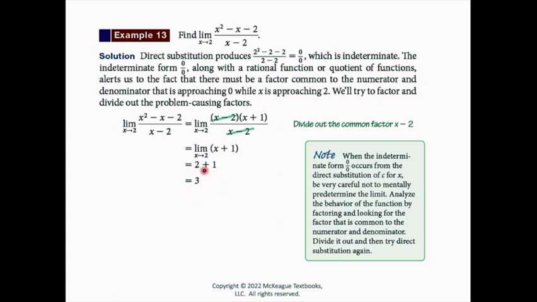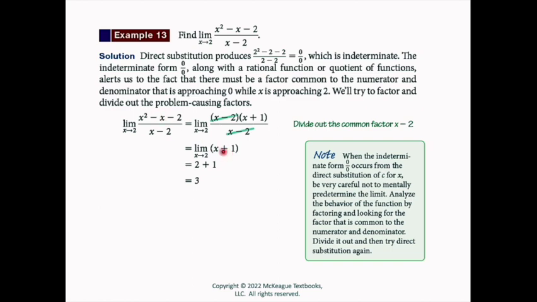One thing that I really want to stress here, this equality right here, that's saying that the limits are equal. We're literally writing that down. The limit as x approaches 2 of this function is equal to the limit of this function. That doesn't mean the functions are equivalent. If I graph the first function and then I graph the function after I simplify it, these are not the same function.